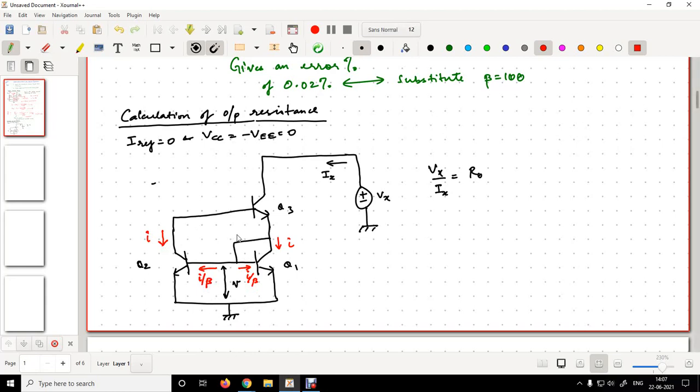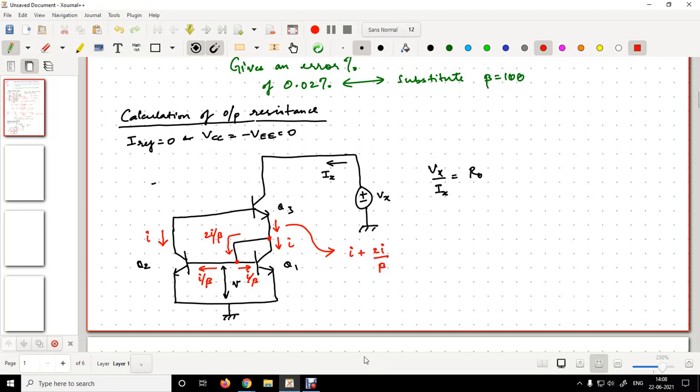Which makes this current 2I by beta. If you apply KCL at this point, this current you will get as I plus 2I by beta.